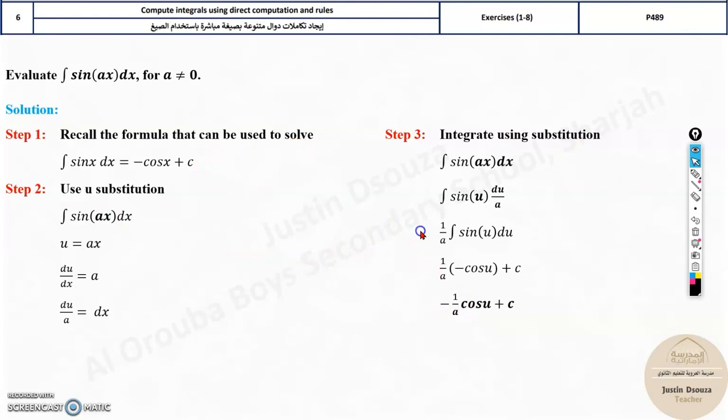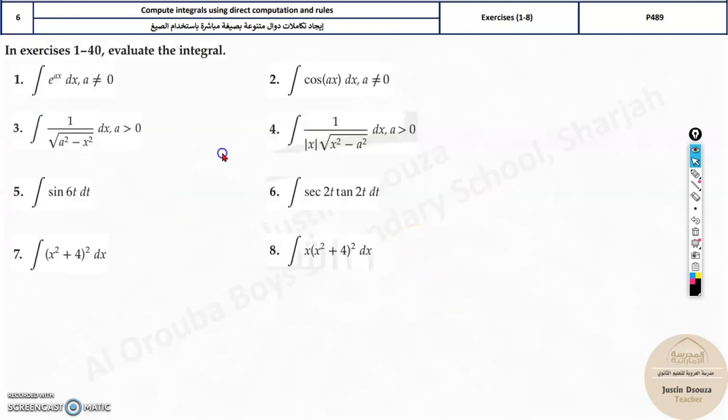Now here you need to remember one important thing. Whenever you have a constant, when you do the u substitution, it will go out as the fraction 1 divided by the constant. Let's just look at these. There are many over here. I'll just pick sine or cos.